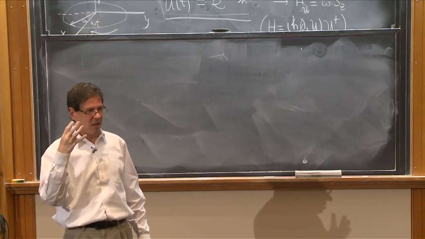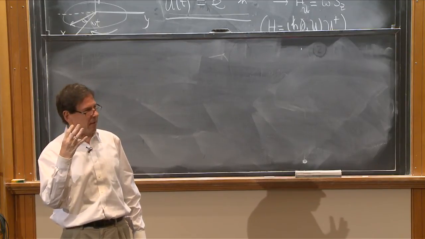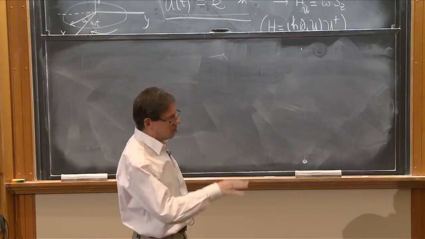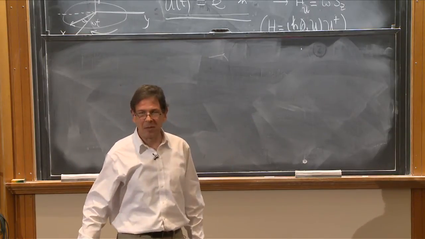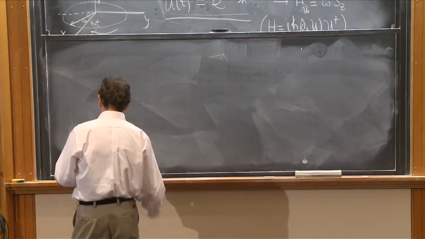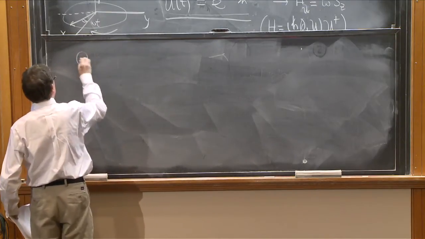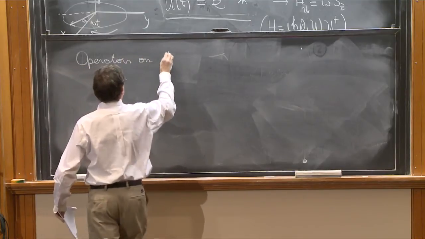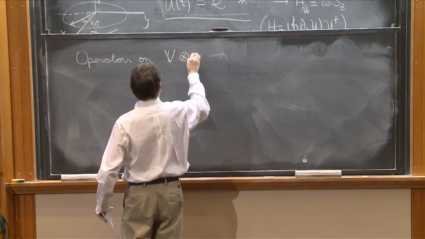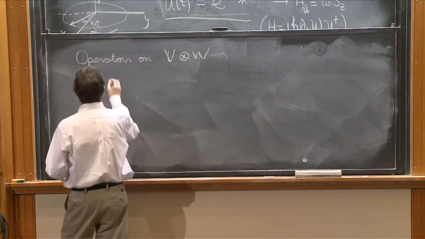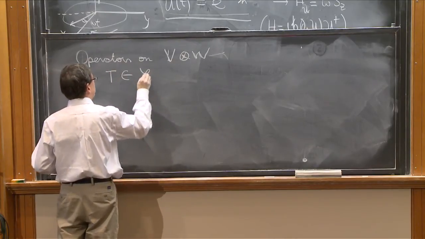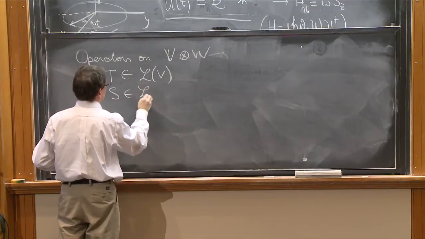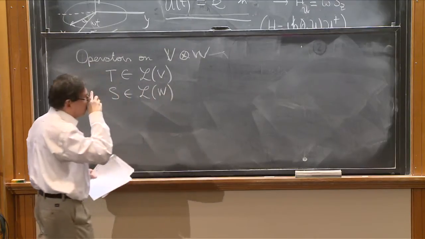At some point, you step back and say, oh, now I'm confused. It is subtle. So let's see now what happens. We need to do operators on V tensor W. So suppose T is an operator in V and S is an operator in W.